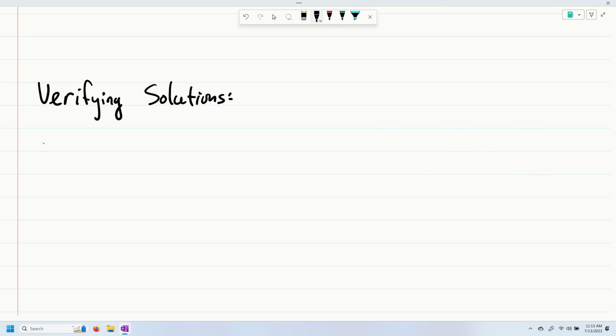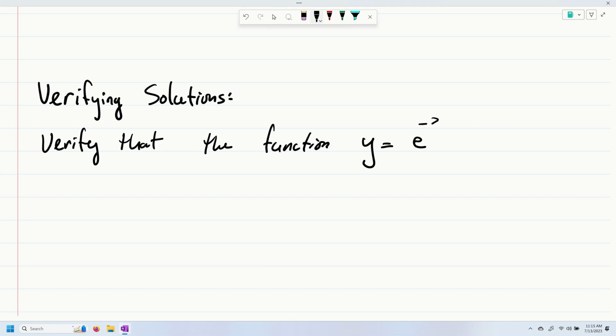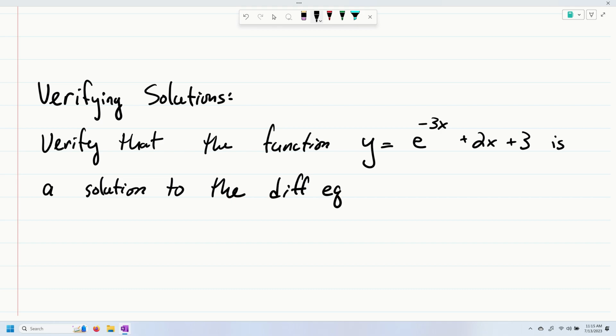We're going to verify that the function y equals e to the negative 3x plus 2x plus 3 is a solution to the diff eq, or differential equation, y prime plus 3y equals 6x plus 11.